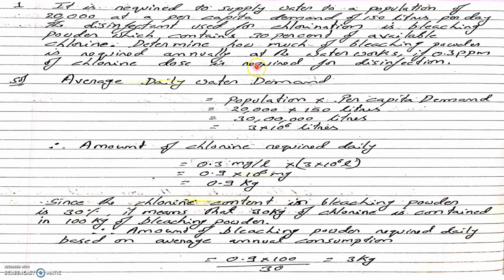Again, as stated in the problem, the chlorine contained in the bleaching powder is around 30%. What does that mean?